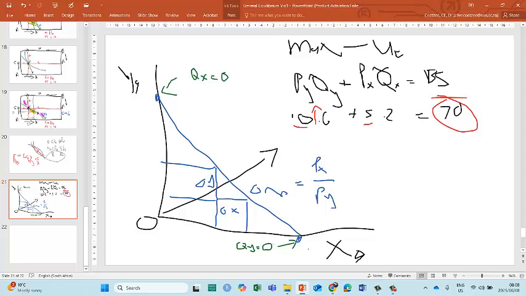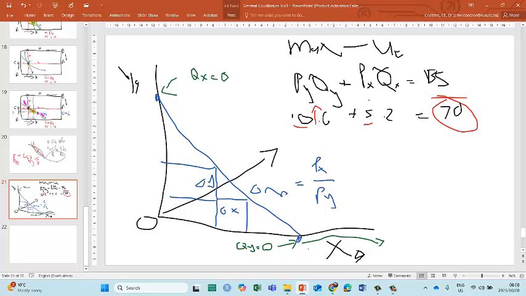At this point, you have only Y and 0 X's, and at that point, you have only X and 0 Y. So we can put it in our equation to calculate that point mathematically.